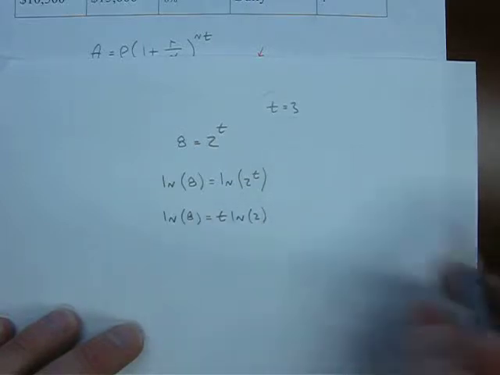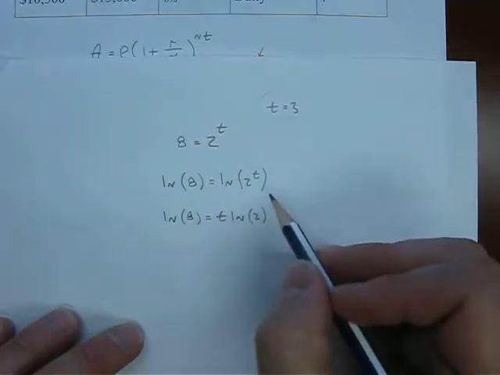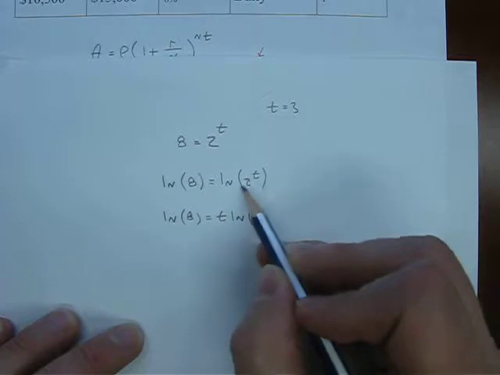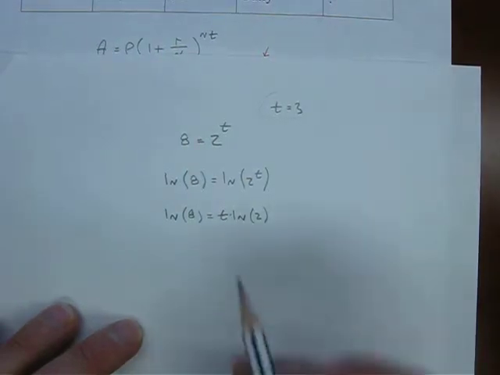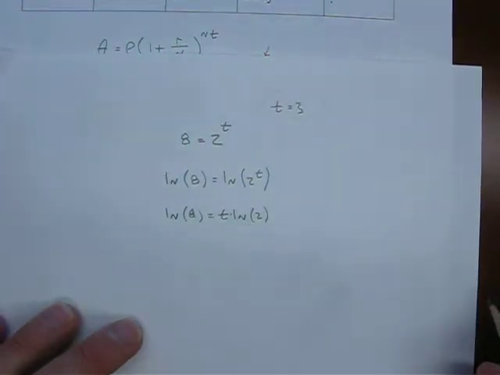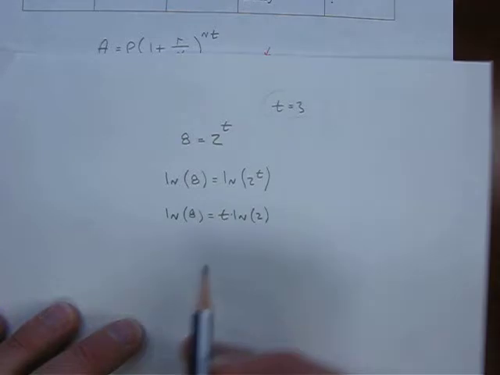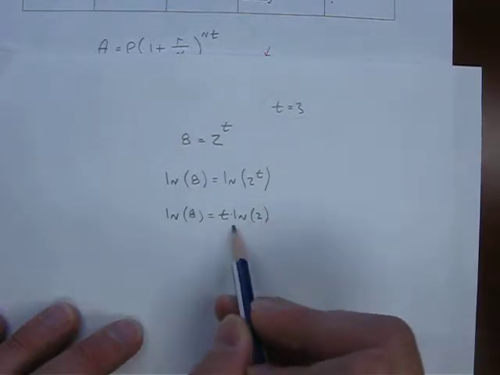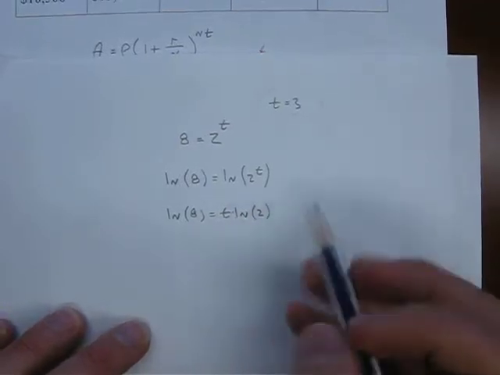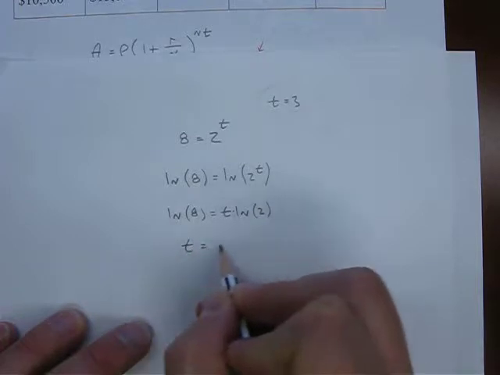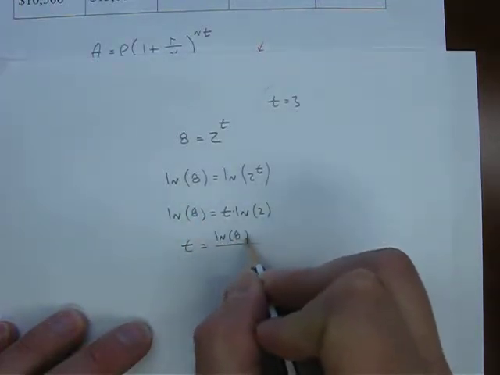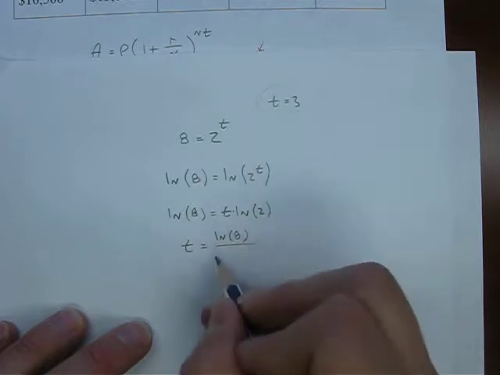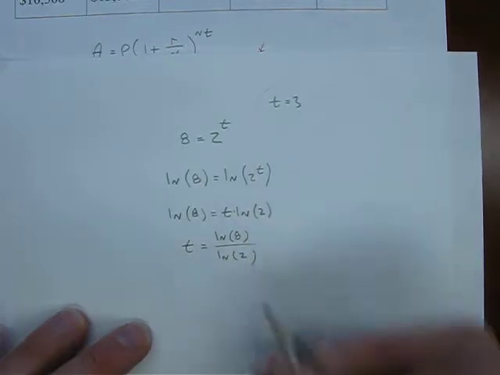There's a rule for logarithms: when you have a logarithm of a number to a power, that power can be applied as multiplication. This says t times natural log of 2. So all I need to do to solve for t is divide by this number right here. So t equals natural log of 8 over natural log of 2.